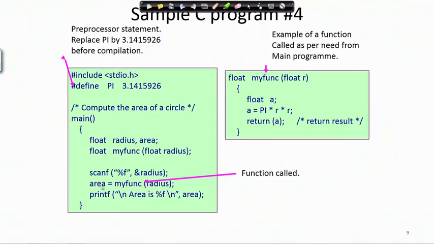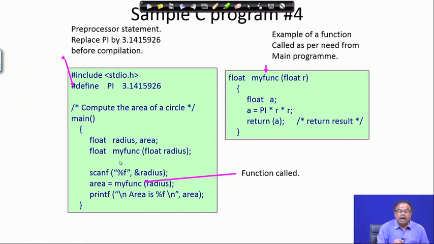Here you see the main is not computing the area. What the main is doing is just calling my function. Immediately this one is being called, and what will my function do?